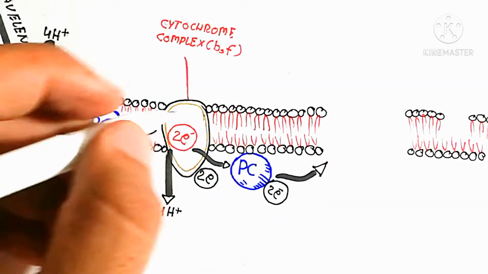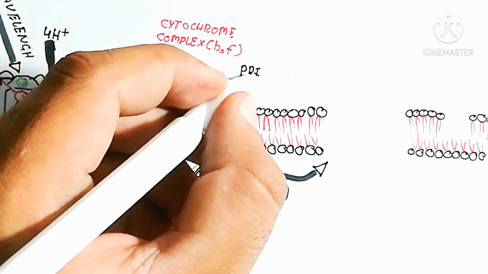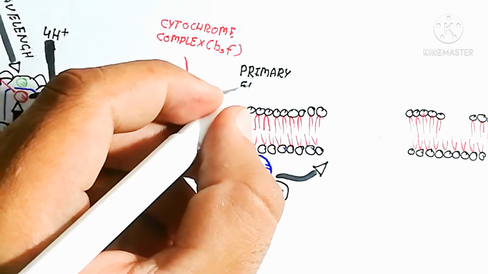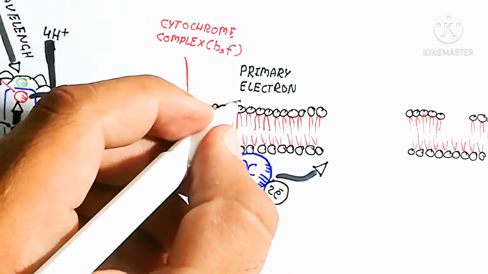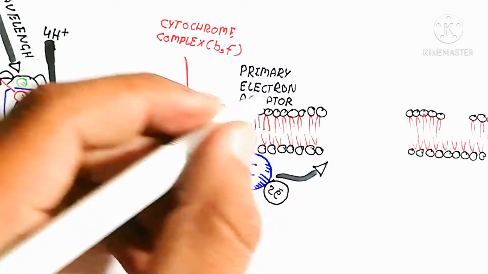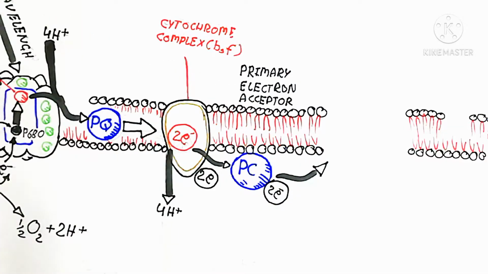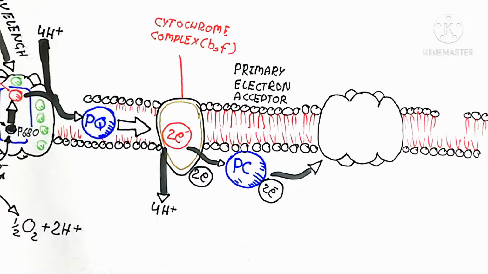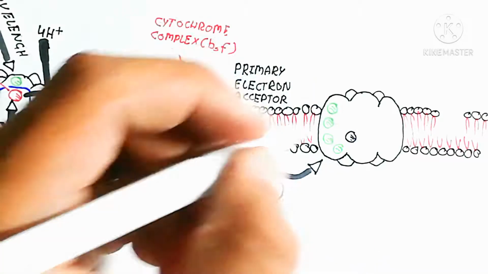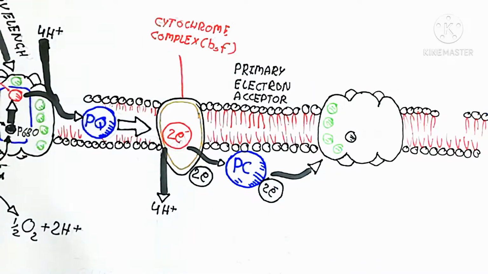The plastocyanin accepts these 2 electrons, and the 2 electrons of the plastocyanin are transferred to photosystem 1, which uses a light wavelength of 700 nanometers. The light transfers energy again, one by one, and again accepts the electron. So what is the meaning of this?